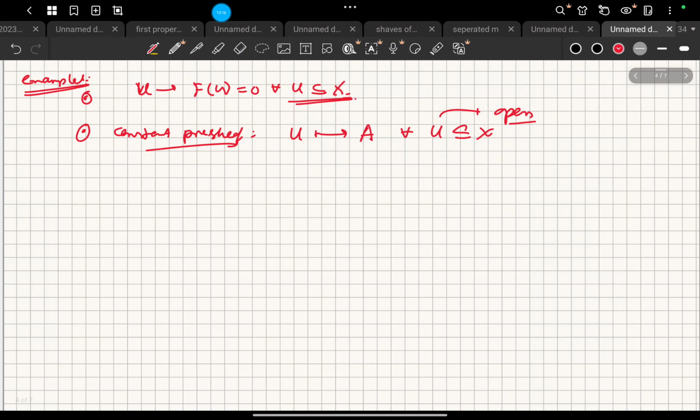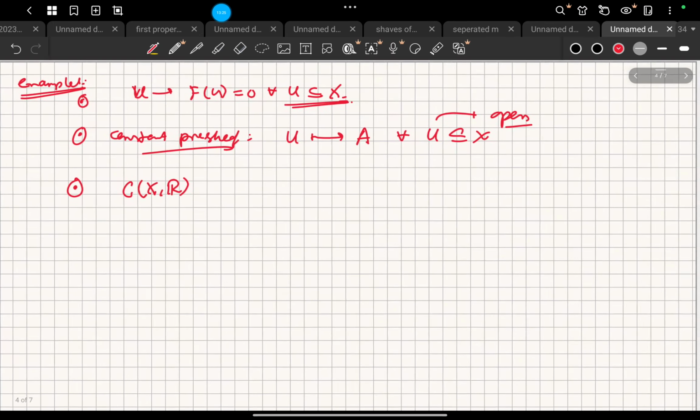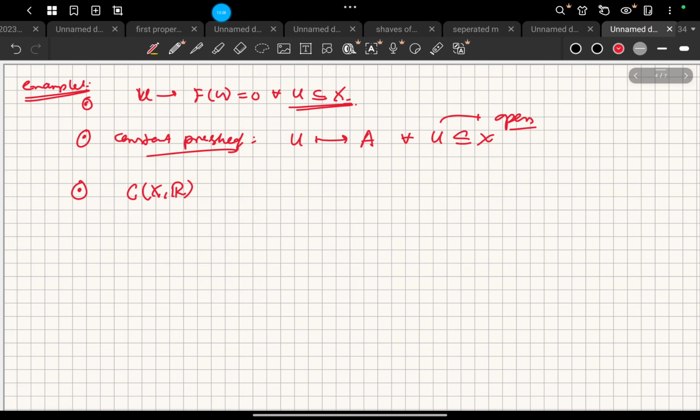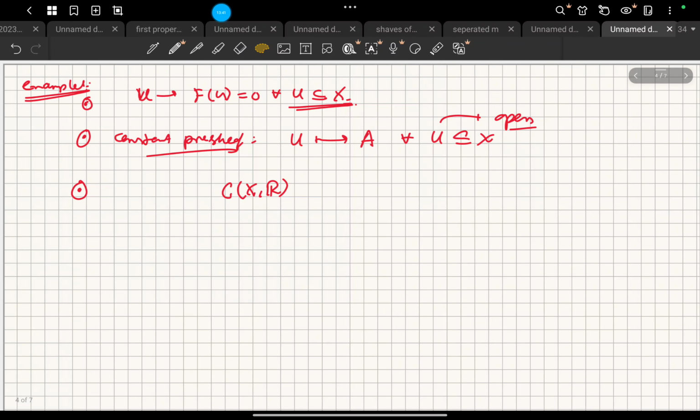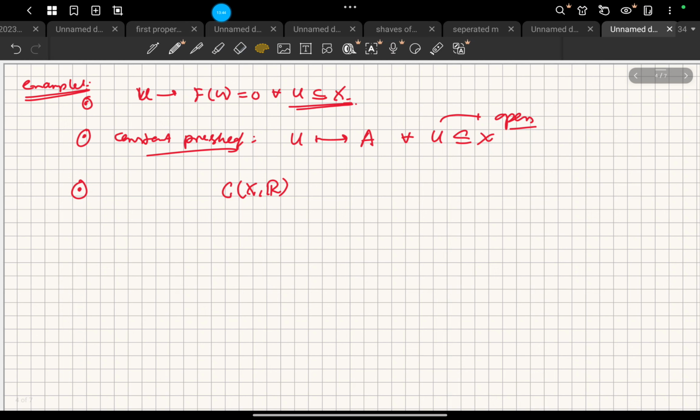Also, we can consider the presheaf of, let's say, C(X, R), and let's just consider X equals R. And we are considering U mapping to C(U), that is the set of all continuous functions.